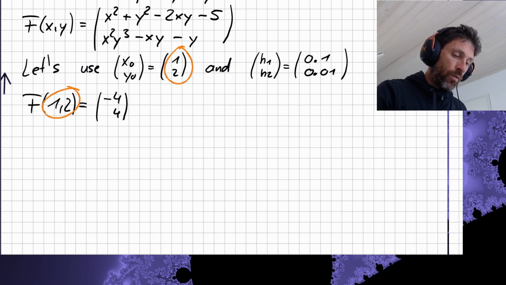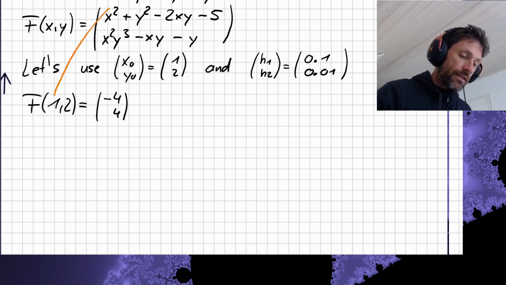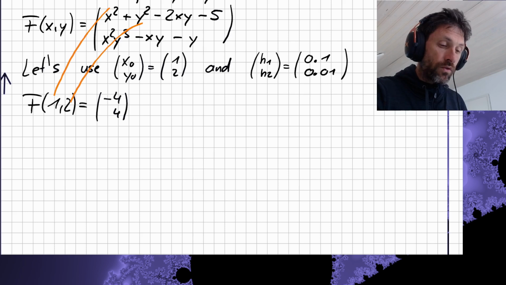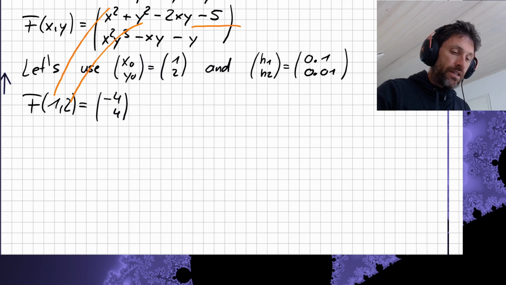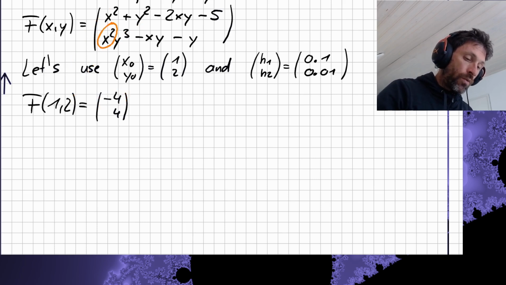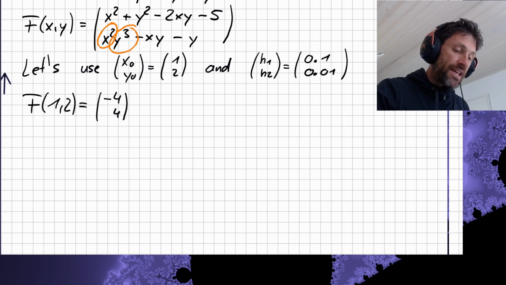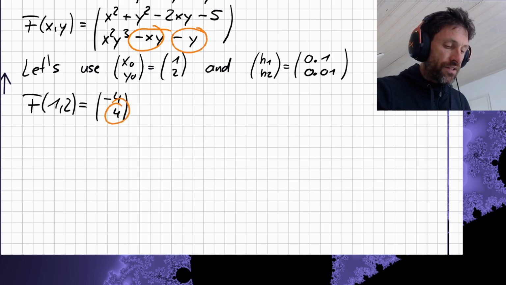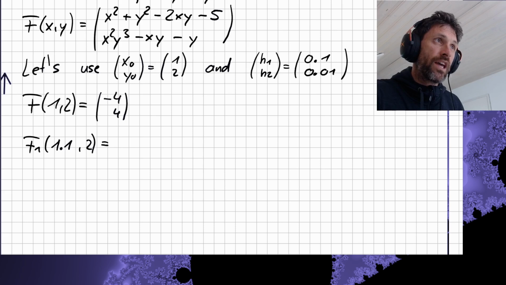If you take 1 to be x and 2 to be y, then you have 1 plus 4 is 5, minus 4 is 1, and minus 5 is minus 4. And x squared is 1, this cubed is 8, 8 minus 2 is 6, minus 2 is 4. So this is the function evaluation.